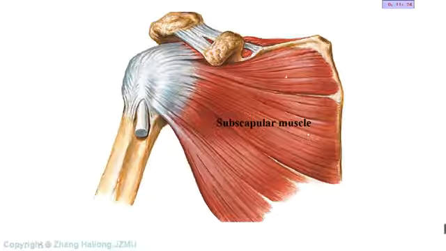And this one is in front of the scapula. You can see in the subscapular fossa there is the subscapularis muscle. It's a very big muscle from the medial side of the scapula, then goes laterally and ends on the head of the humerus. And it has the same function as the back muscles. Make your shoulder adduction.